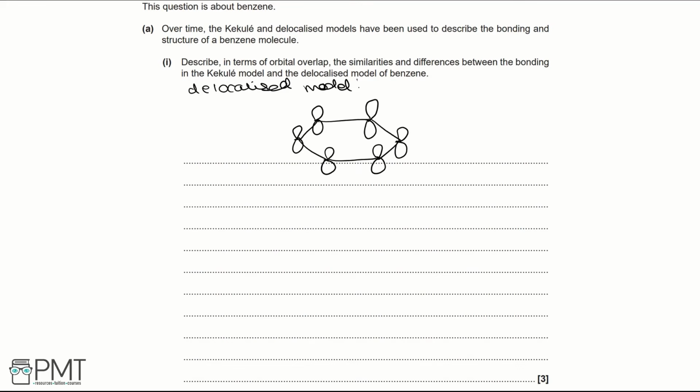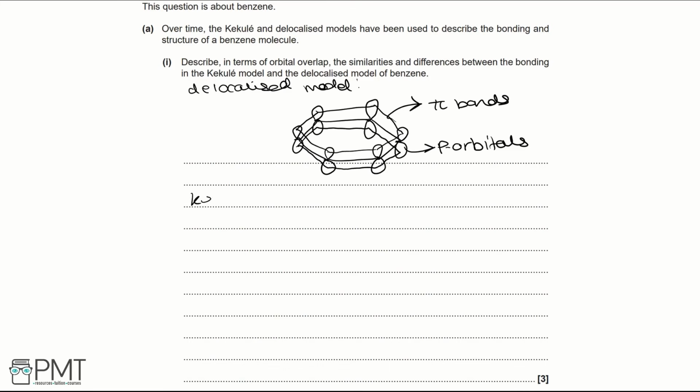Then we would show our pi bonds by connecting the top p orbitals and making a hexagon, and then connecting the bottom p orbitals and making a hexagon. Finally, we need to annotate, so we need to label our pi bonds and label our p orbitals. So this is our diagram for our delocalized model.